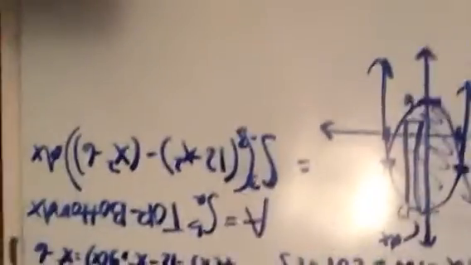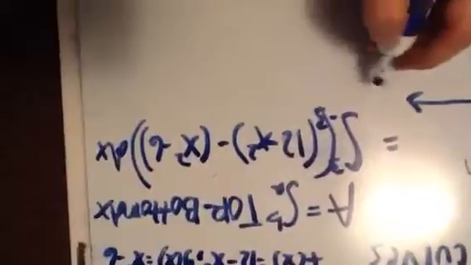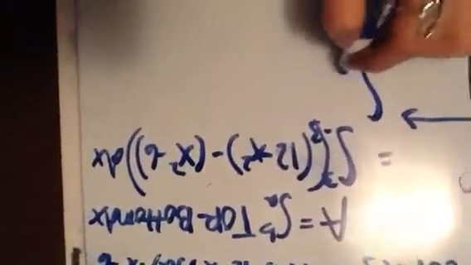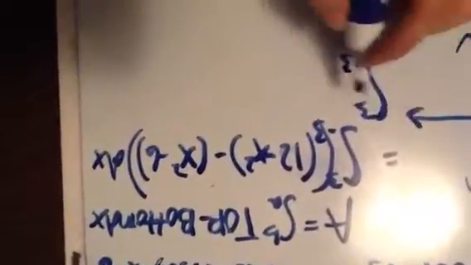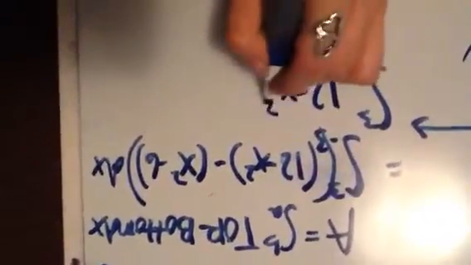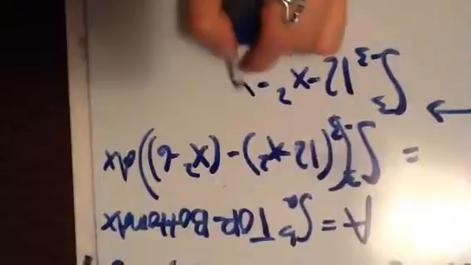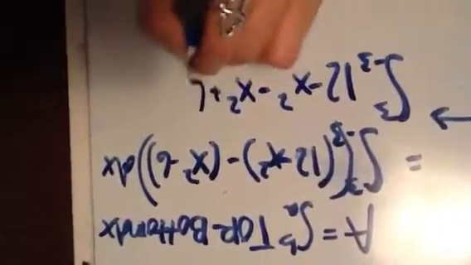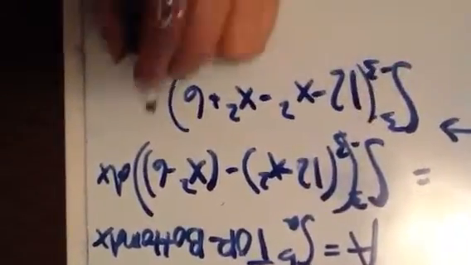So now it's just a simple integration problem. So we know that we have to take the antiderivative of this, but first we can simplify. So we have negative 3 and 3, and so 12 minus x squared, and then we just distribute this negative, minus x squared plus 6 dx.